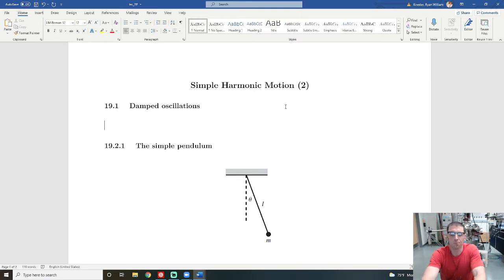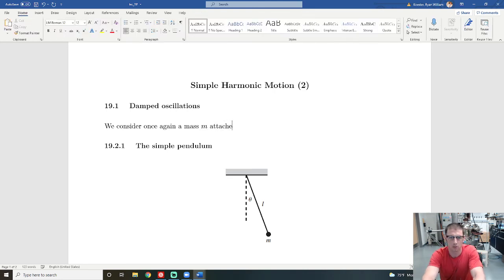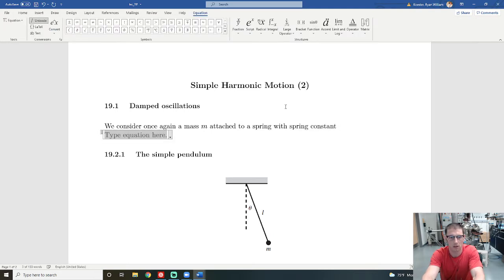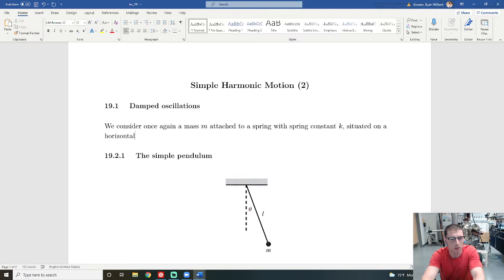So what we can do here is we consider, once again, a mass M attached to a spring with spring constant K, and let's say situated on a horizontal surface with one end of the spring attached to the mass and the other to the wall.